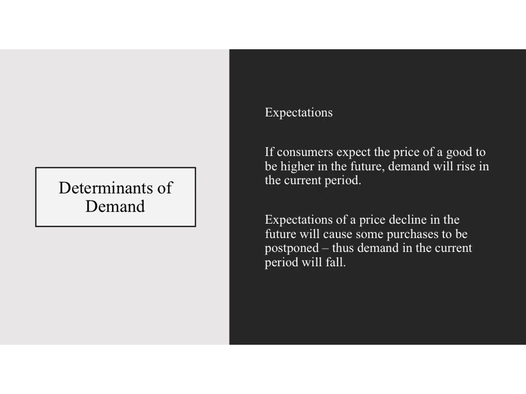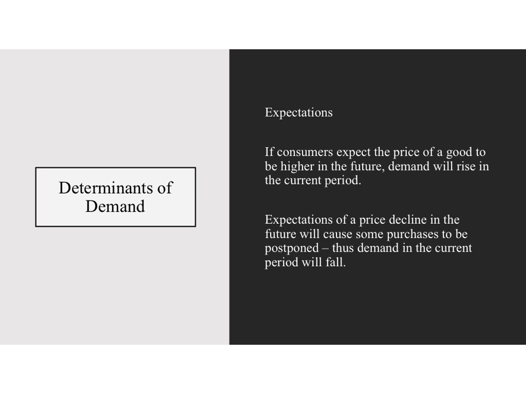And then expectations, particularly expectations of prices. So if consumers expect the price of a good to rise in the future, consumers will want to buy the good in the current period in order to take advantage of the lower price. So demand will rise in the current period.